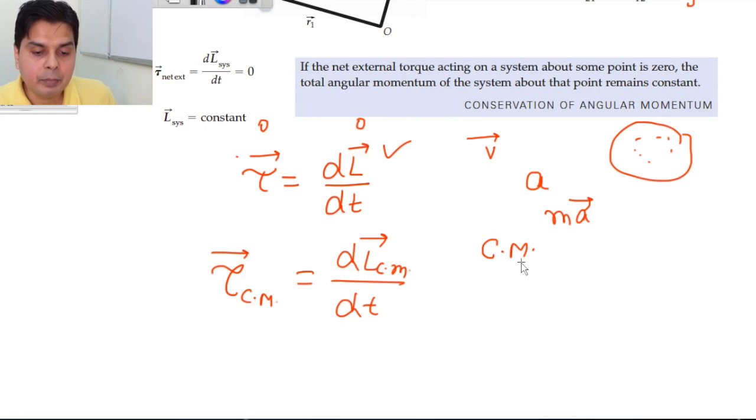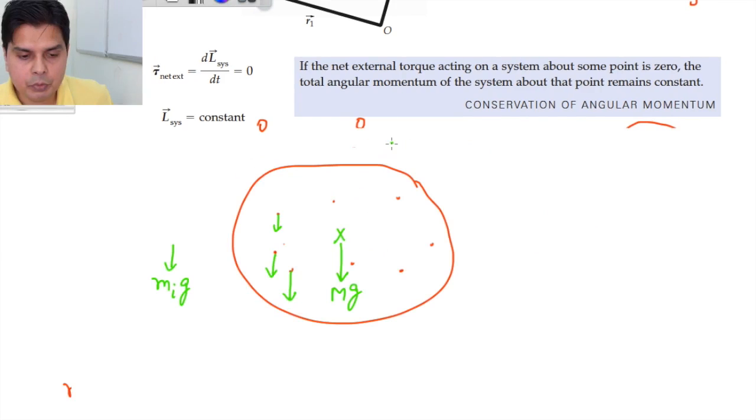Now why does it happen that if this torque is about center of mass, then this equation will hold true? Why is it that when the origin is center of mass, then even when this center of mass is accelerating, I can use this equation of torque is equal to dL by dt?